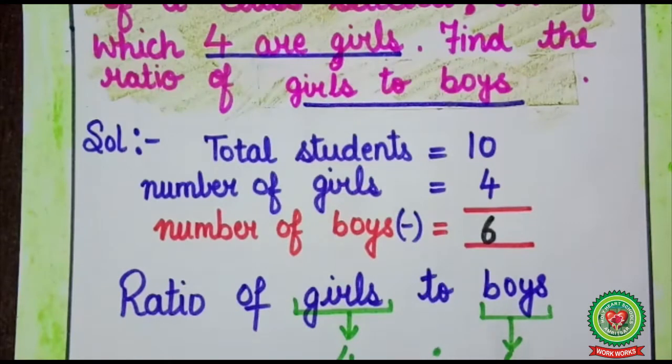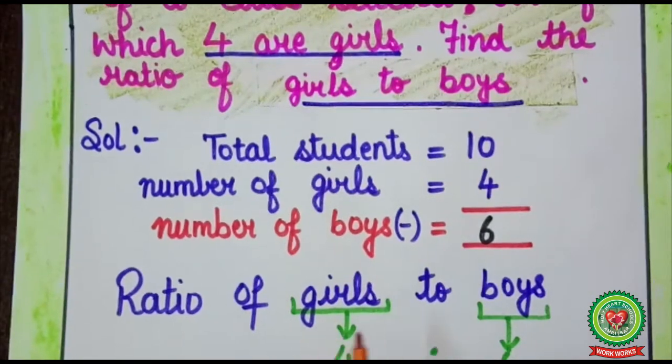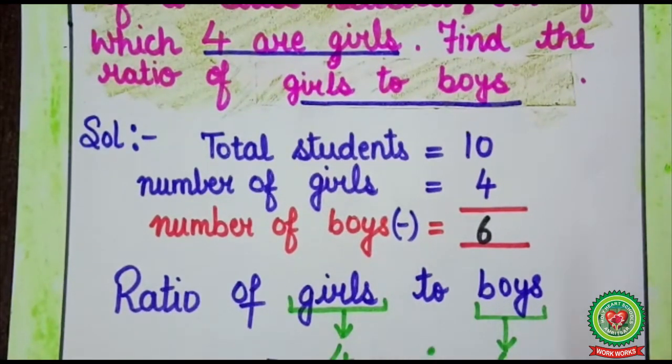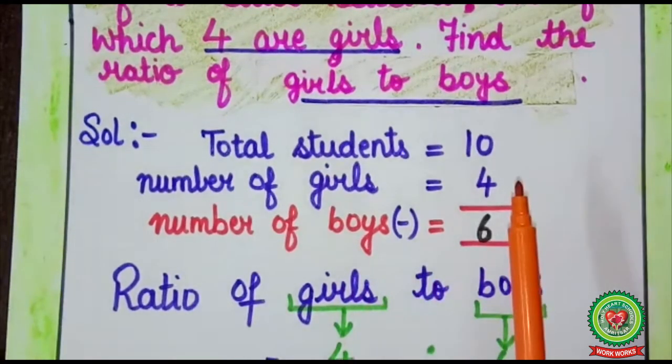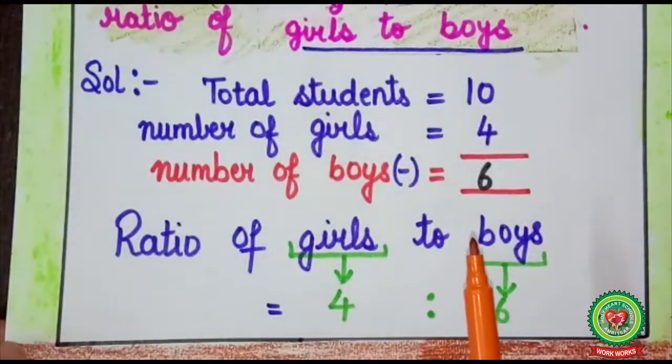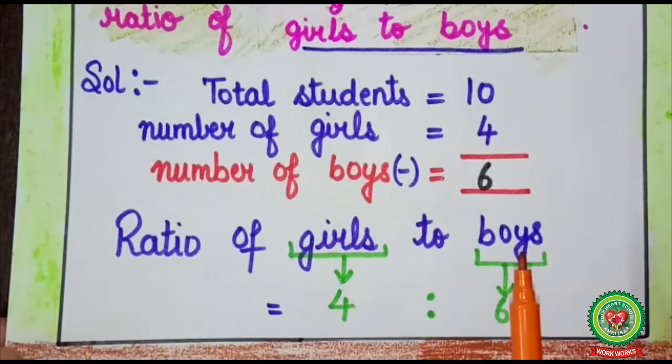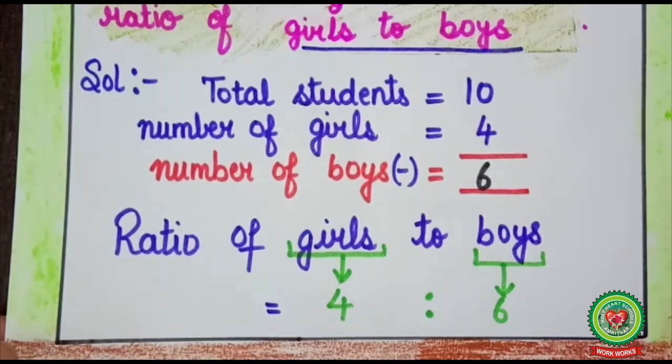Here we have to find the ratio of girls to boys. So, number of girls equals 4. In place of the colon, we will write the symbol of ratio. Number of boys equals 6. Now, it is coming 4:6. But it is not in simplest form.